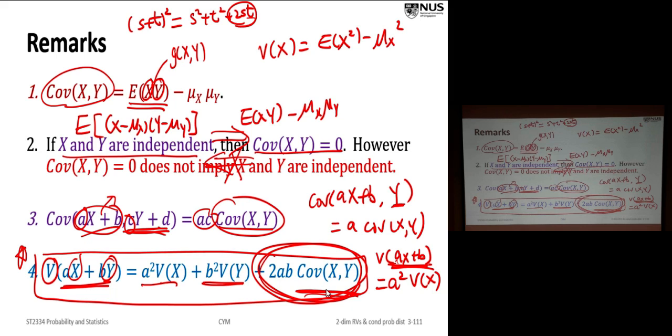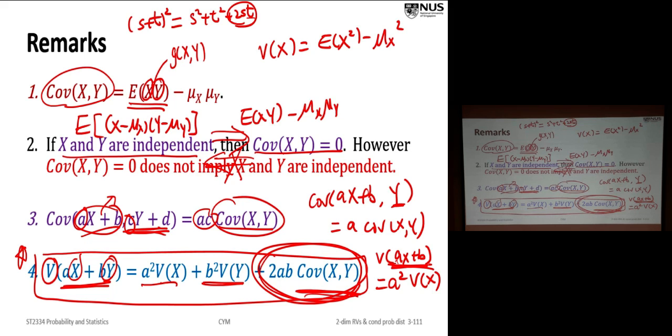You have 2 times ab times covariance of xy. So you think of it, now if x, y, the covariance is positive. The covariance is positive. All right?